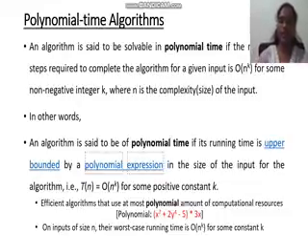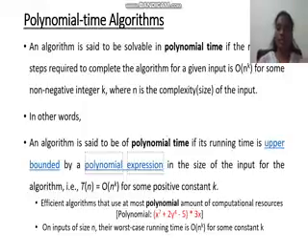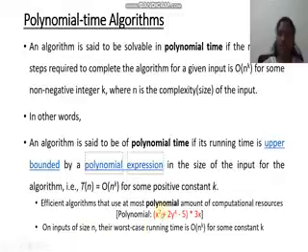If the running time is upper bounded by a polynomial expression, a polynomial is nothing but what we have seen here. It consists of variables, coefficients, constants, and exponents.